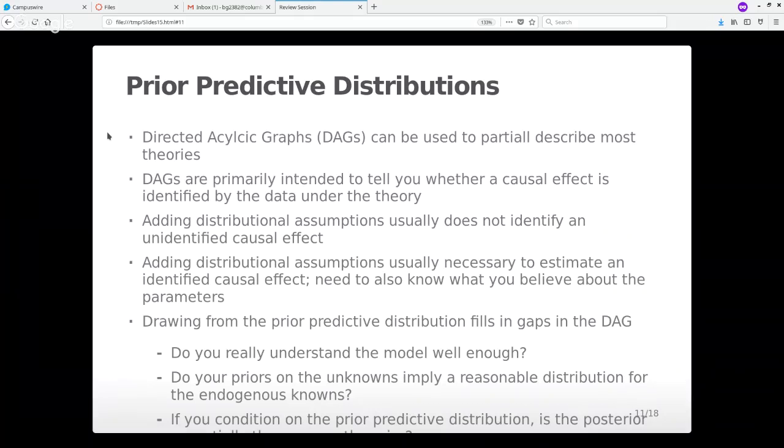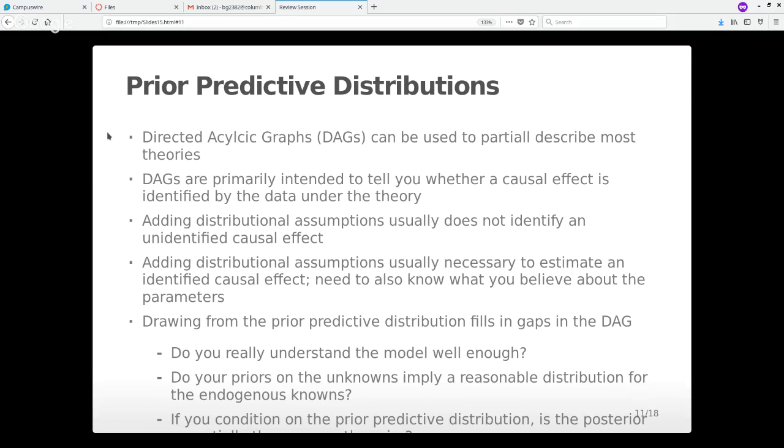But for the most part, making an assumption of linearity or that this is gamma distributed or whatever isn't going to change the fact that something is or is not identified by a theory, but that's really just identification analysis. Even if something is identified, you're probably going to have to make some stronger assumptions if you want to estimate what that causal effect is from some finite amount of data.